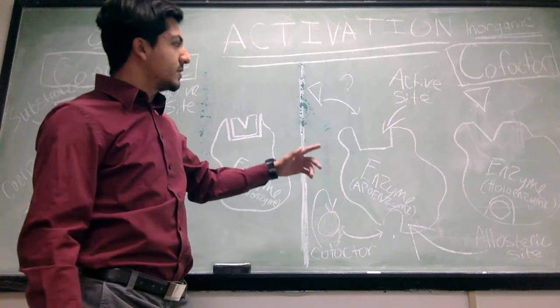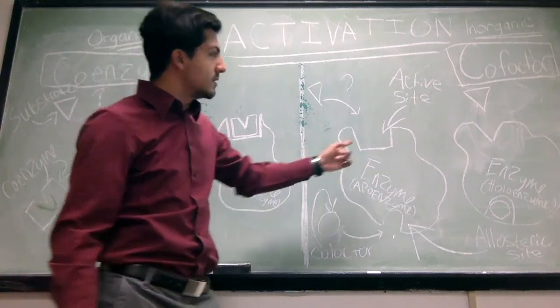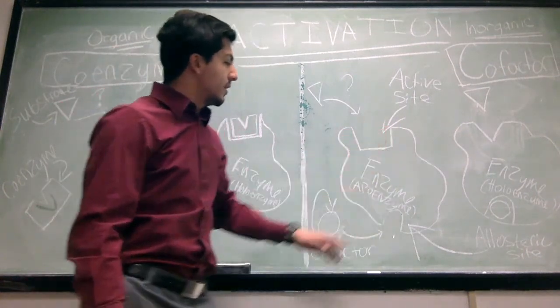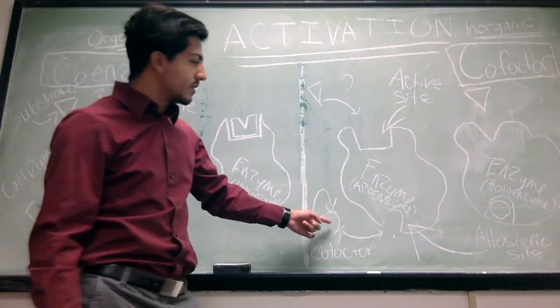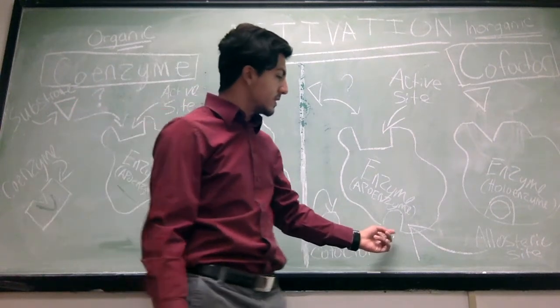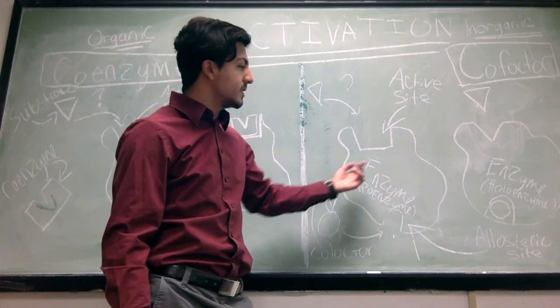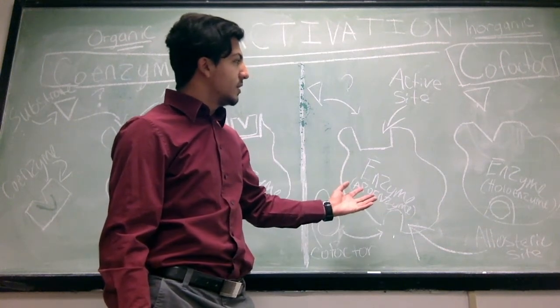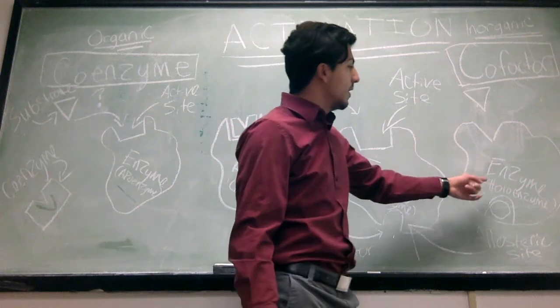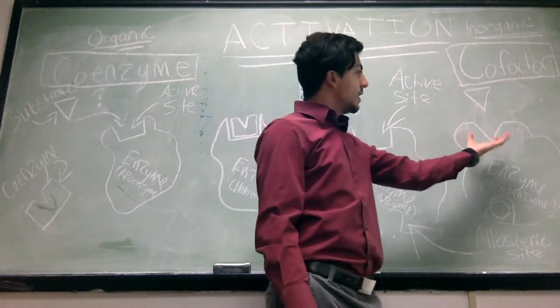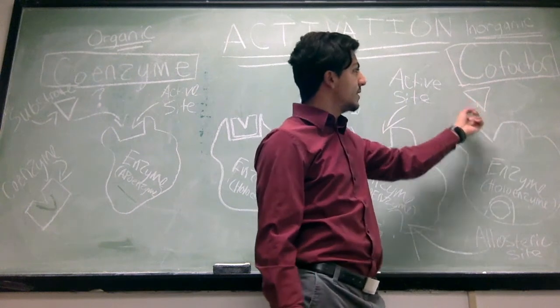Now a cofactor is different from this because nothing is going in here. What's happening is a cofactor enters the allosteric site over here, and it changes the shape of the whole enzyme. So as you can see over here, nothing goes in, but the shape of the enzyme changed to fit the substrate.